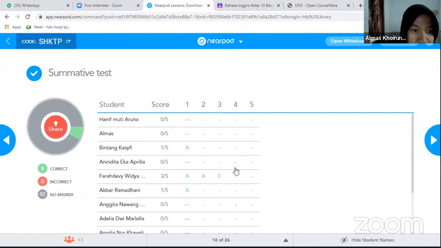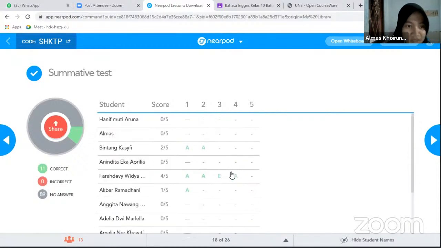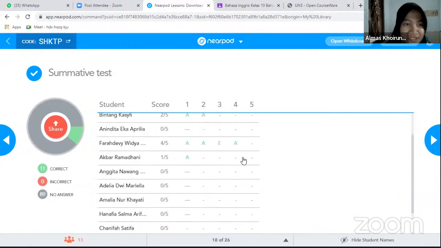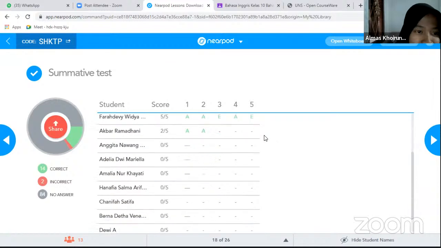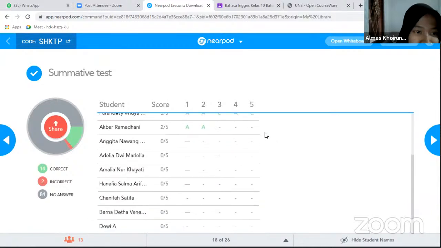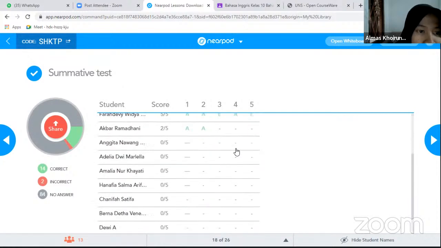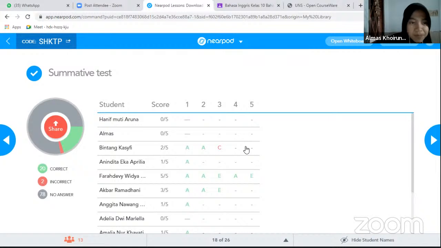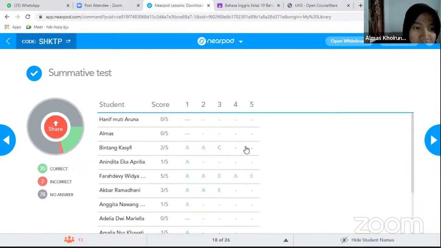What about the others? Okay, I hope you still have all of your spirit in this class, because we have the most exciting section here, answering questions. Okay, wow. Okay, Farah Devi is answering all of the questions.